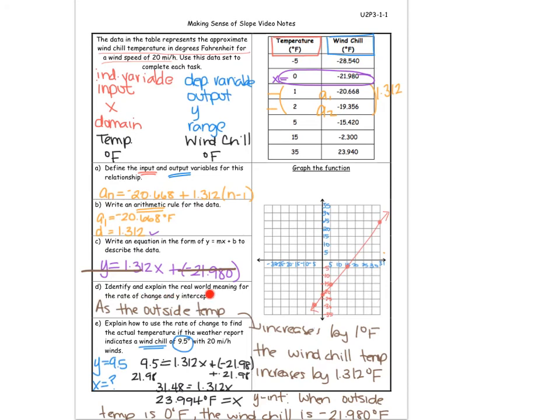We defined the real world meaning. So this is the temperature outside. This is the wind chill when the wind is blowing. And our slope was for every 1 degree Fahrenheit increase outside, the wind chill temperature increased by 1.312. And then we took that and graphed it to see if it was linear. And it is, so we did this right.